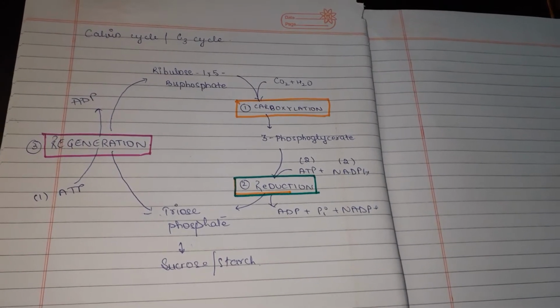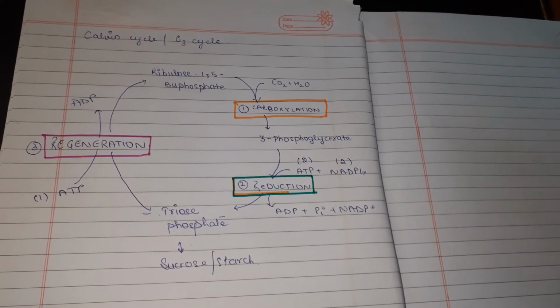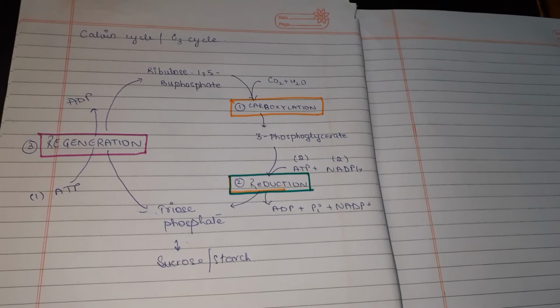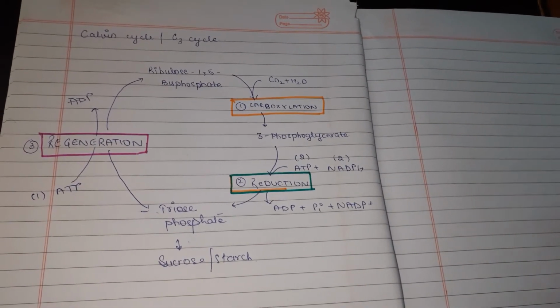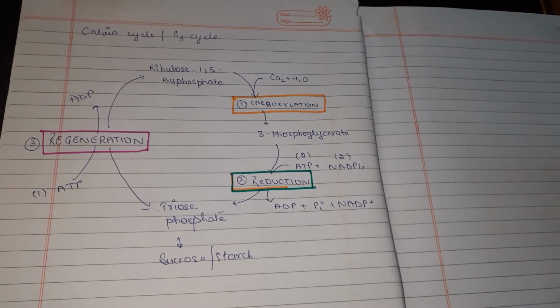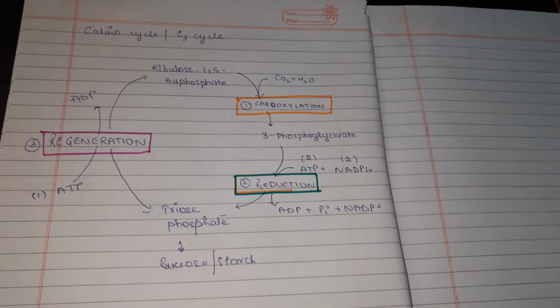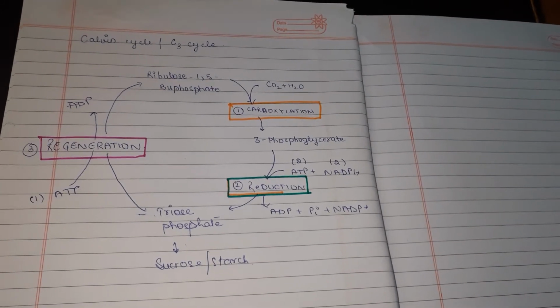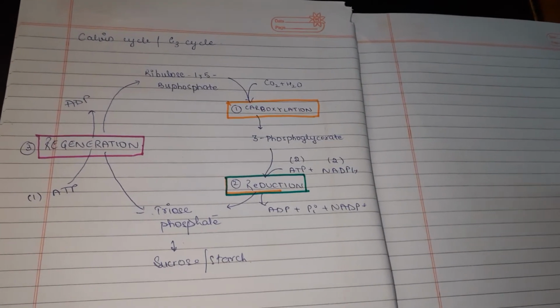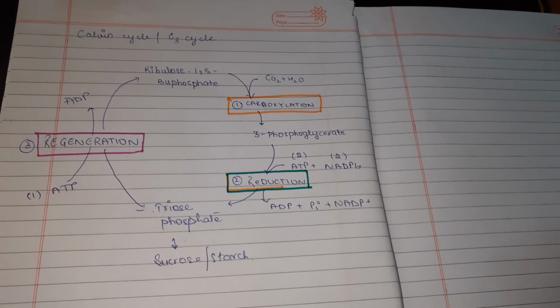It passes the electron further, but it takes the proton from the stroma and puts it into the lumen. That means when it gives its electron, it transports a proton from the stroma to the lumen.